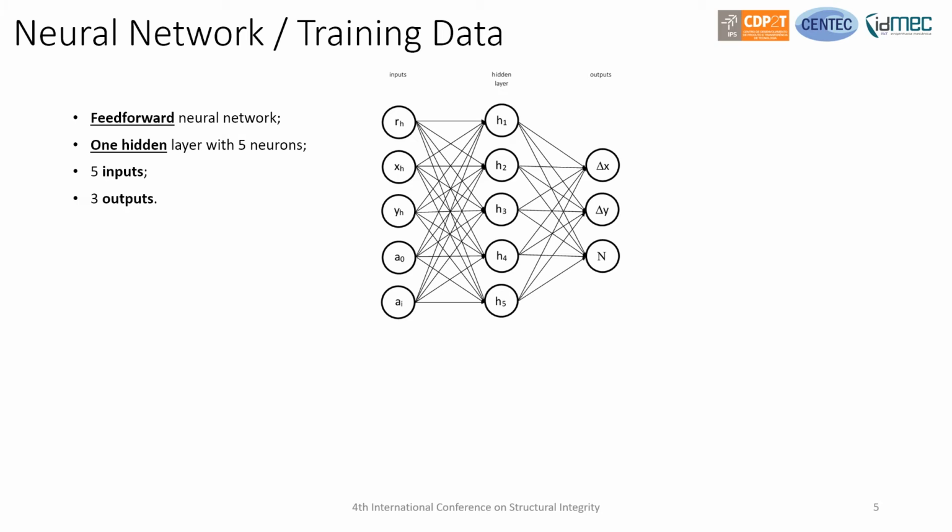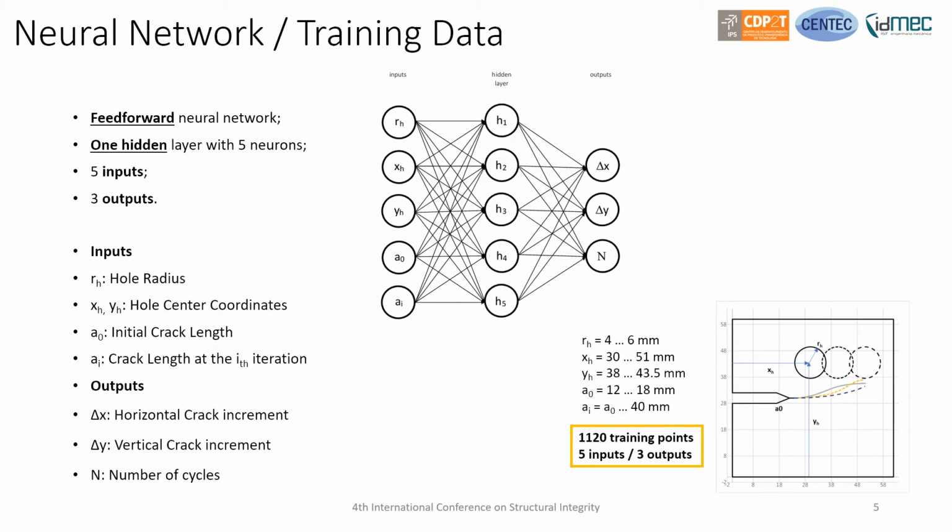Our artificial intelligence approach used a neural network, in this case a feed-forward neural network, with one hidden layer with 5 neurons in order to predict 3 outputs from 5 different inputs. Our inputs were the hole dimension or radius, the hole x and y position, the initial crack length, and then the crack increase along a given iteration.